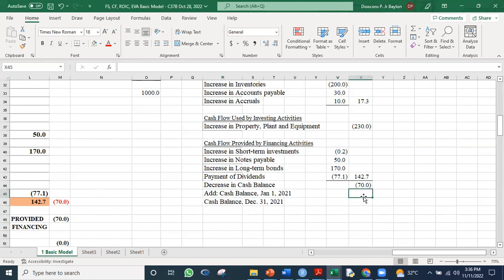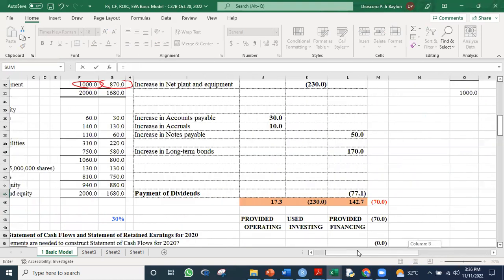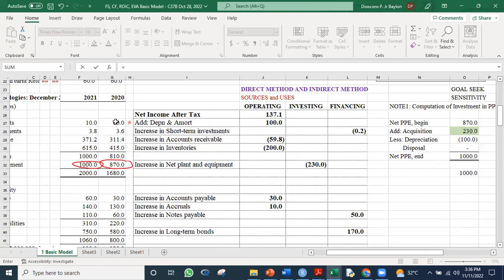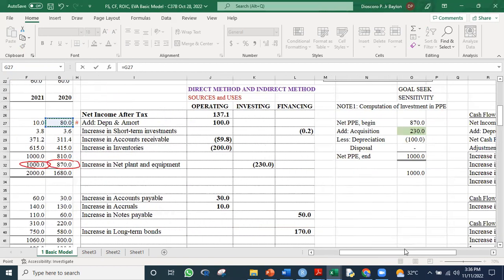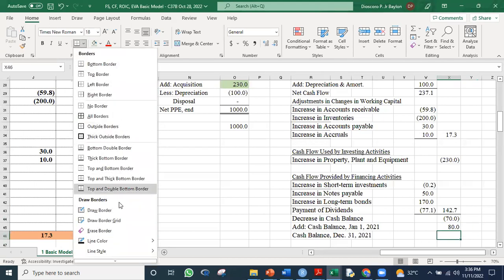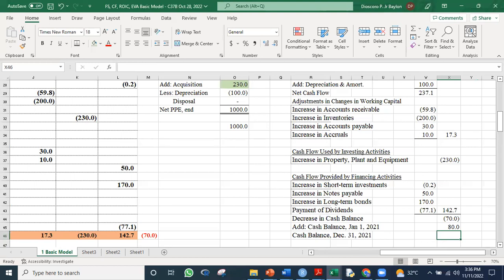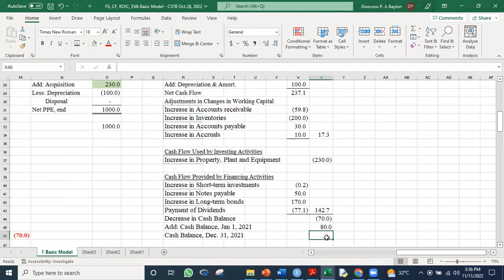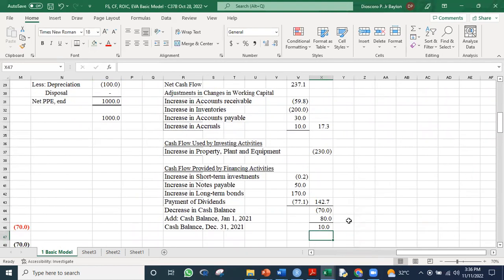Okay, our cash at the beginning was 80. So we add the two now, the decrease in cash balance plus the 80, sum this up to get the 10, which is the ending cash balance.